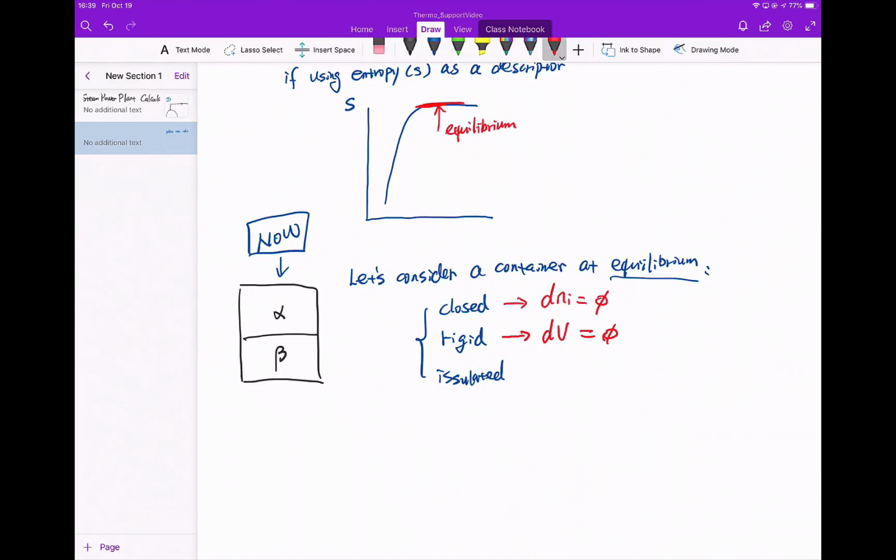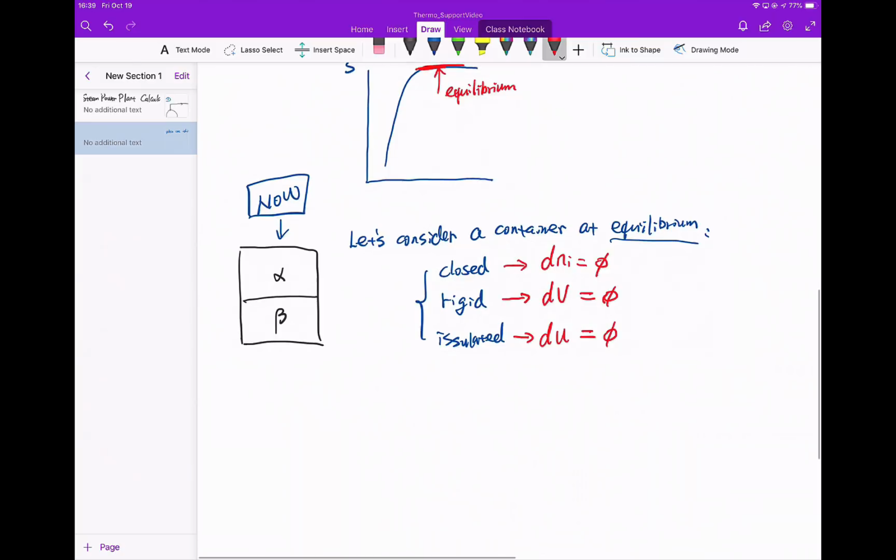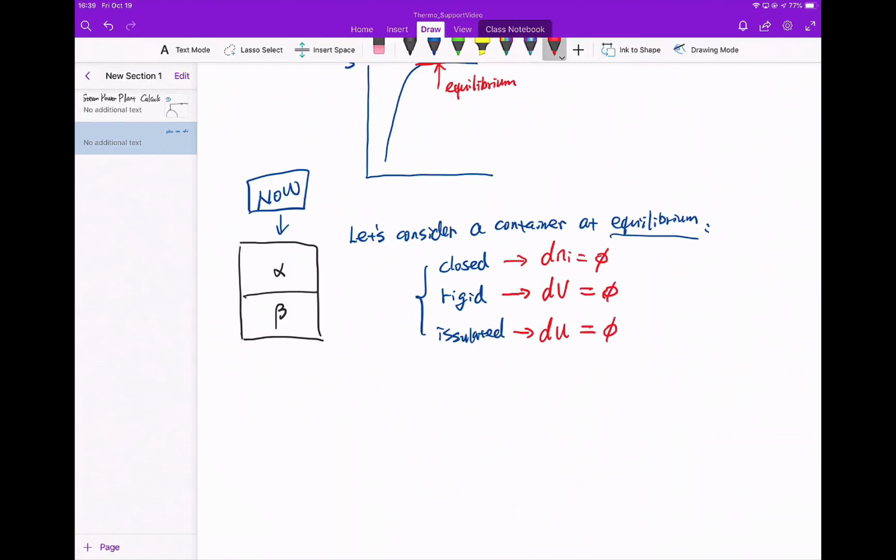Isolated implies that there is no energy change at all. So the total internal energy of the whole system, meaning the alpha and the beta phase, their total internal energy change would be 0. On top of that, if you recall during the class, there we use the criteria of the total entropy of the alpha and beta phase.